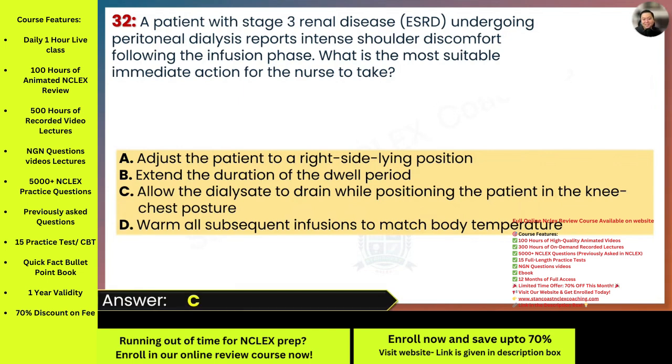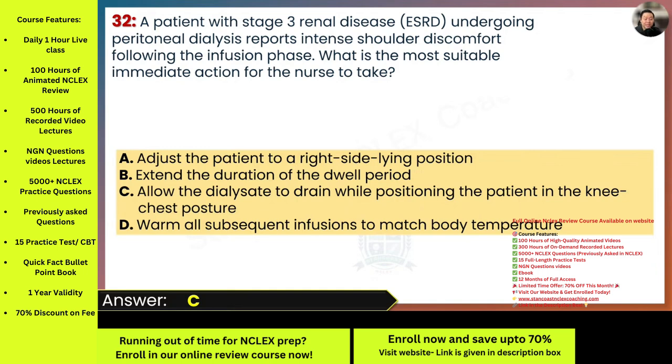And why is that? Well, what we have here is basically a common finding, especially when there is air being trapped in the infusion tubing. And so when this trapped air causes discomfort as it moves through the peritoneal cavity, it will irritate the diaphragm, which refers the pain to the shoulder.